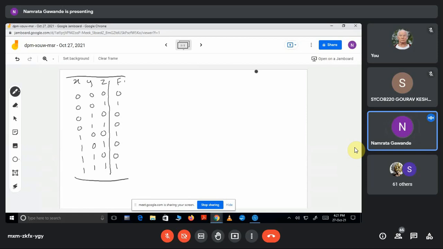Okay. So what we have done, the same truth table that is given in the PPT, this is the same truth table. Suppose from this truth table, I want to convert it in terms of SOP and POS form. First, I will write in terms of decimal.